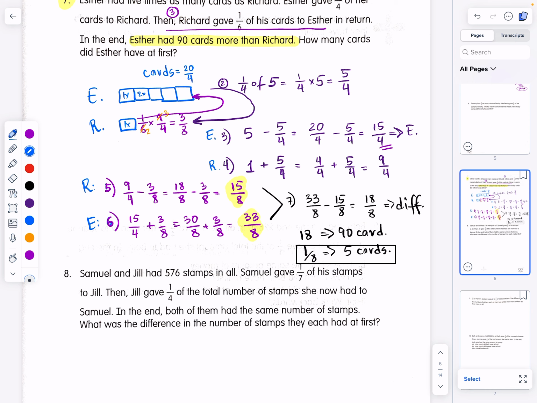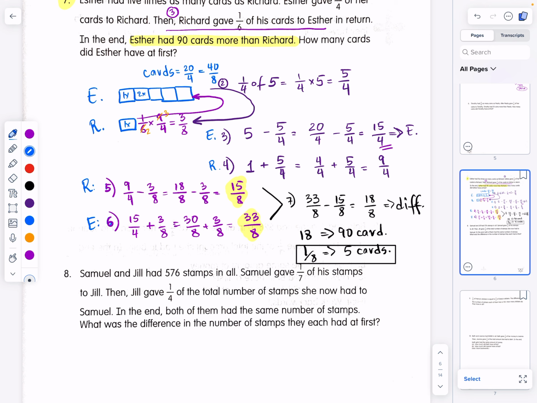Now, each of those units is 5 cards. Therefore, no, not 20/4, but 1/8 is 5 cards. 1/8, so therefore 48. Those were Esther's cards.